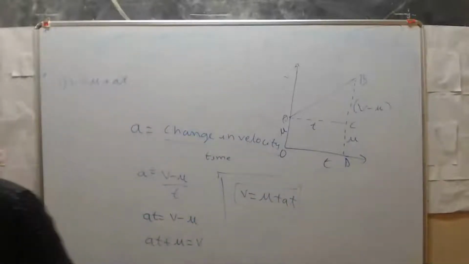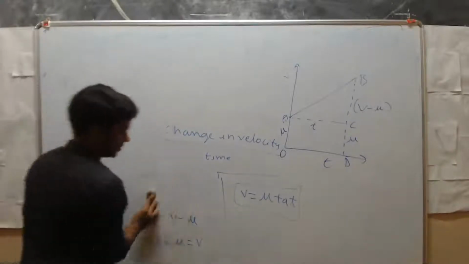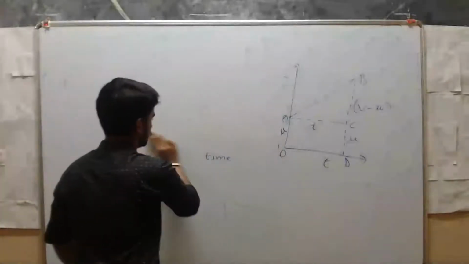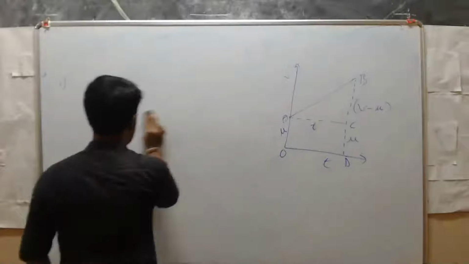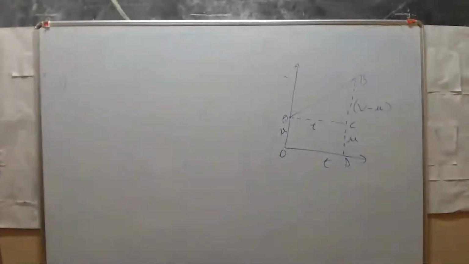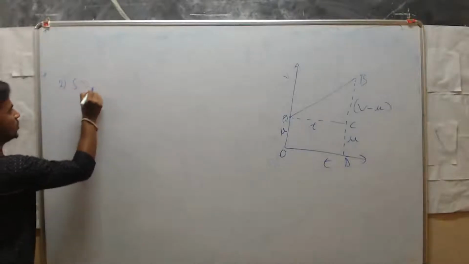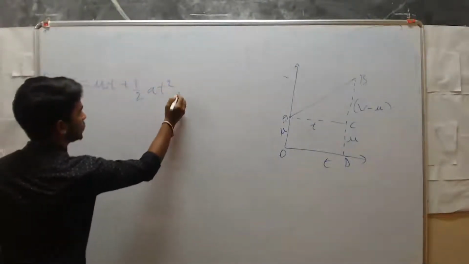Then the second equation of motion, that is s equals ut plus half at square.